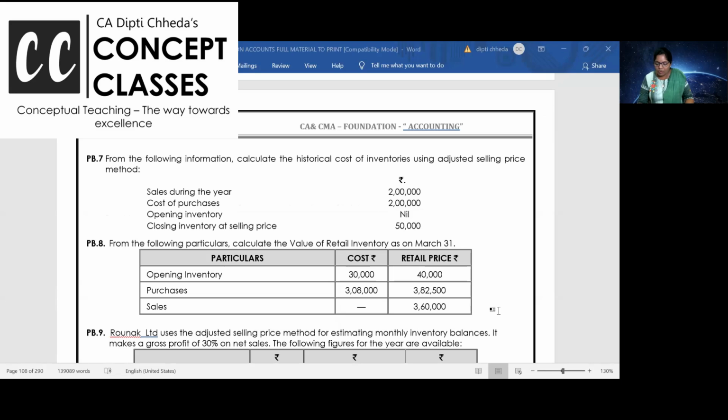Chalo. Now, from the following information, calculate the cost of inventory using adjusted selling price method. फिर वही बात, again the same. Sales is given, purchase is given, inventory is given, and selling price is given. So same concept, but this time the problem is small. Then the sixth one, the reason is in purchase no adjustments are there for GST and all that.